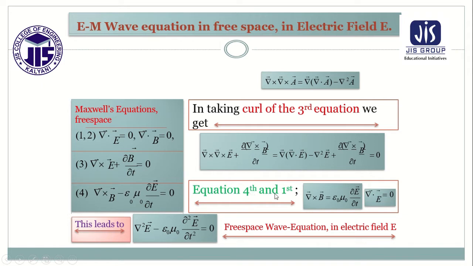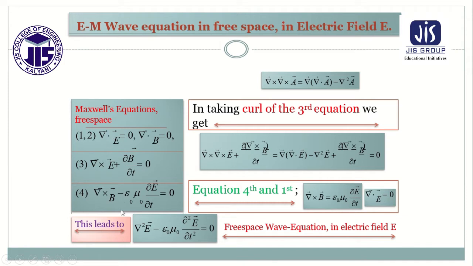Now let us look at the fourth equation, nabla cross B minus mu naught epsilon naught del E by del t equal to 0, and the first equation, nabla dot E equal to 0.